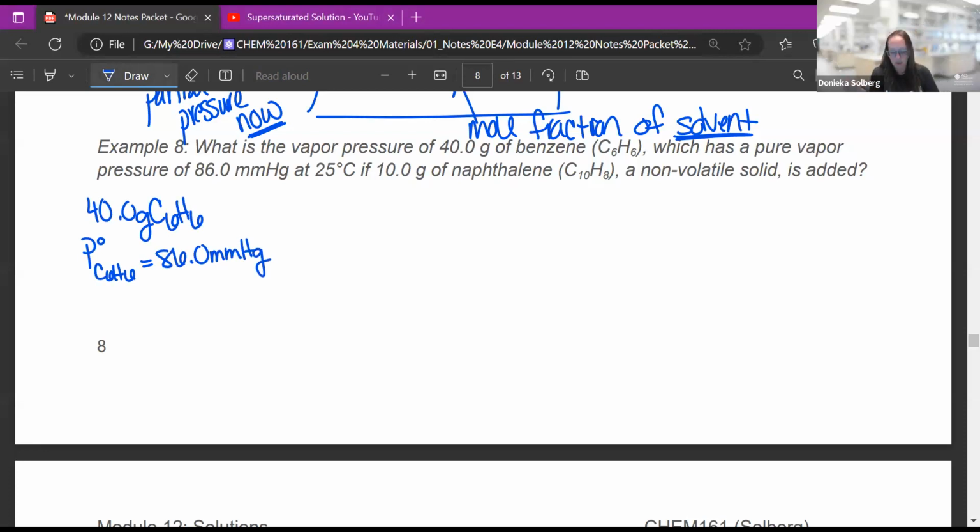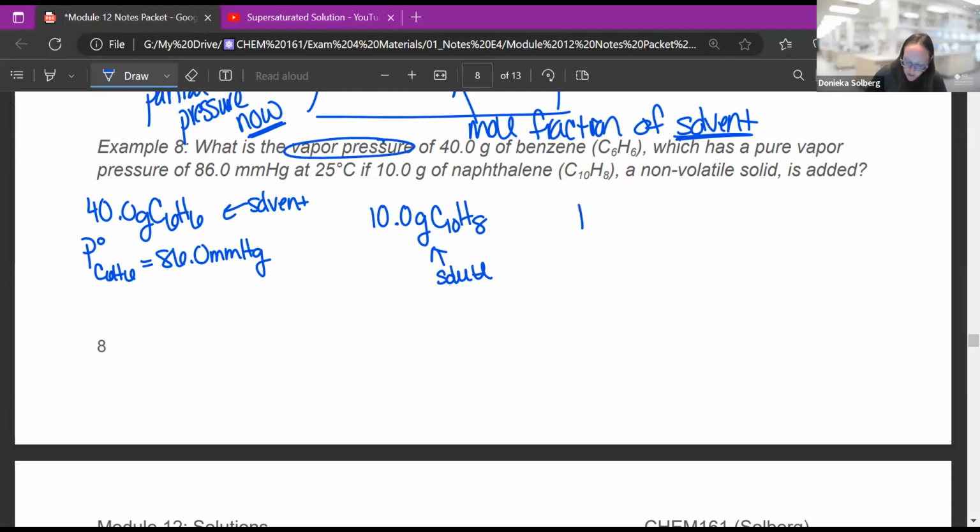I'm just telling you that the temperature is not changing. I'm adding 10 grams of C10H8. This is my solute, and C6H6 is my solvent. I know I'm going to need Raoult's law because I'm looking at changing the vapor pressure.